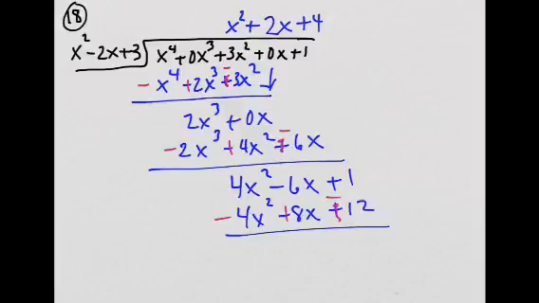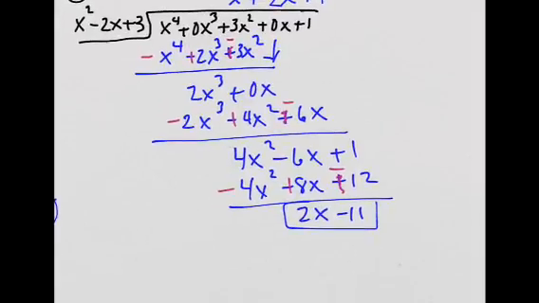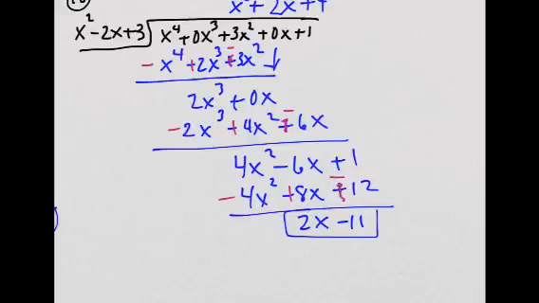So then I have 2x minus 11. This is my remainder right here. So my answer is going to be x squared plus 2x plus 4 plus 2x minus 11 over x squared minus 2x plus 3.